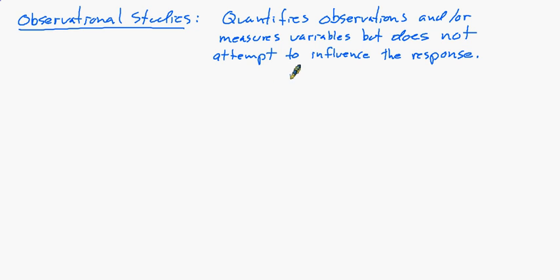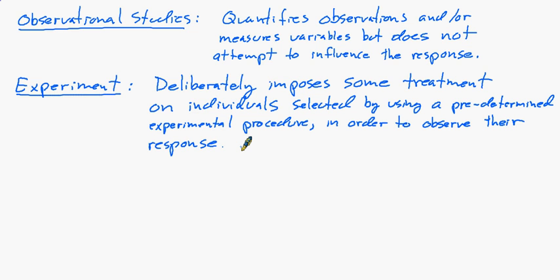An observational study quantifies observations and/or measures variables, but does not attempt to influence the response, which is different than an experiment. In an experiment, the experimenter deliberately imposes some treatment.